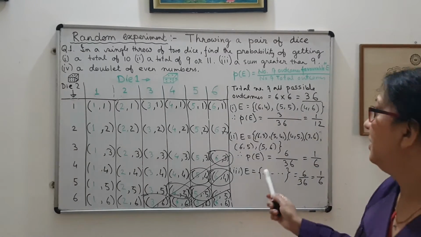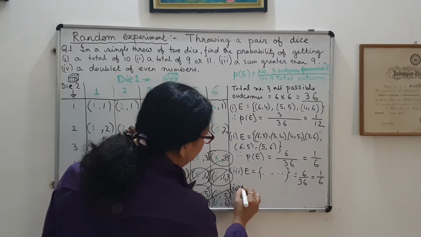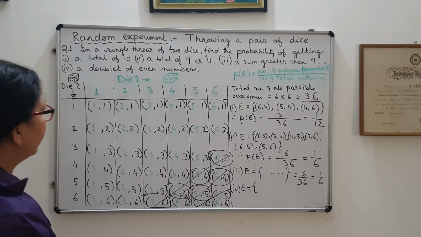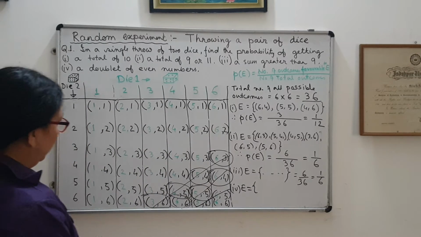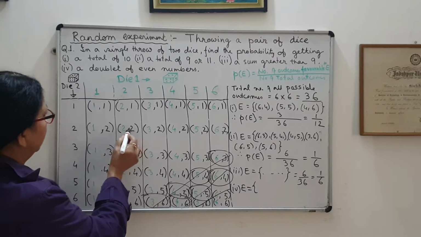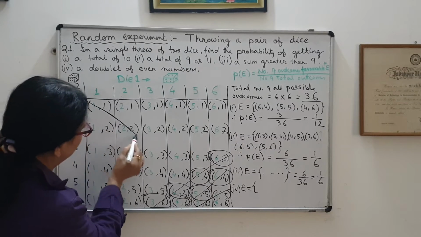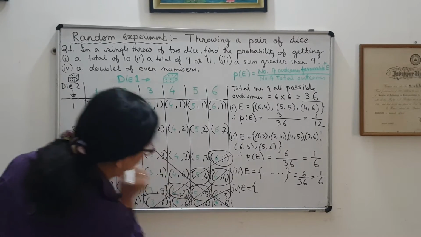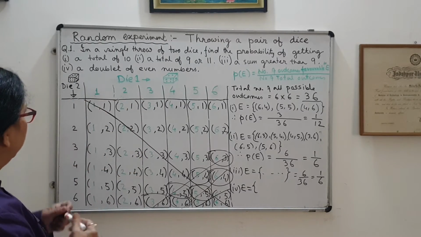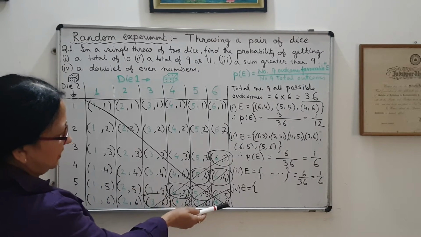I think you understood. And lastly, the fourth part. Fourth part, what is E? It is even doublets. Now what are the doublets? You see, (2, 2) is a doublet. This diagonal contains all the doublets, is it not? There are 6 doublets: (1, 1), (2, 2), (3, 3), (4, 4), (5, 5), (6, 6).